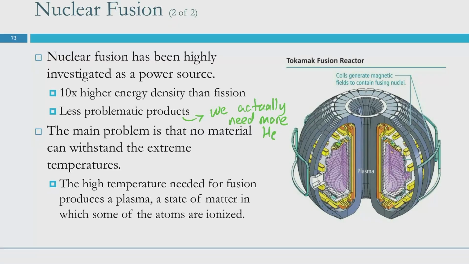So the way that they control that high temperature that's needed for fusion is that they have magnetic coils. They use magnetic fields to control and keep that fusion occurring, to push those ionized particles and keep them in a nice narrow band in the generator so that it doesn't touch anything and instantly melt it. Which is different from fission, where you can just cool it with water and the water turns into steam.